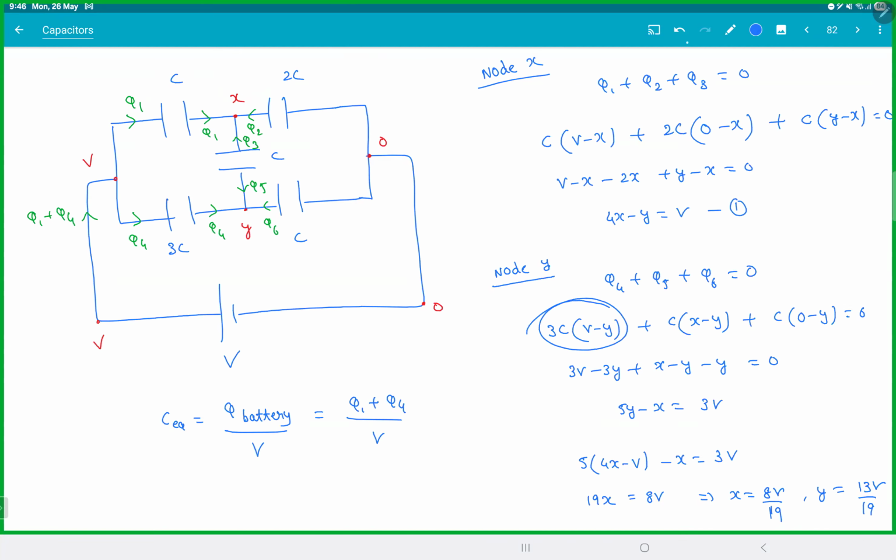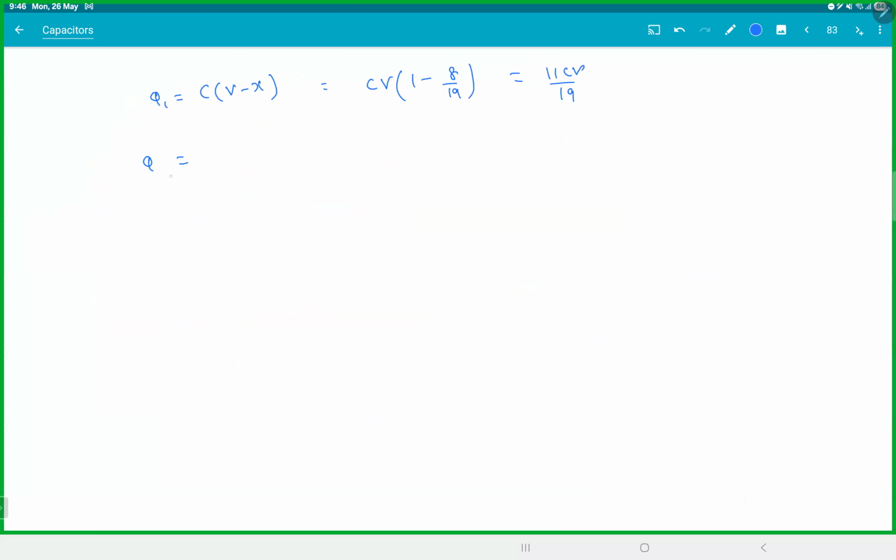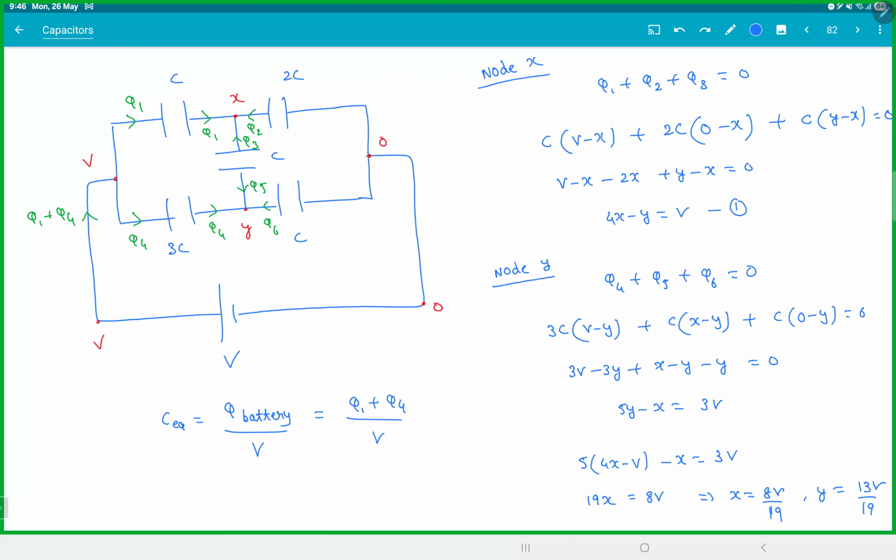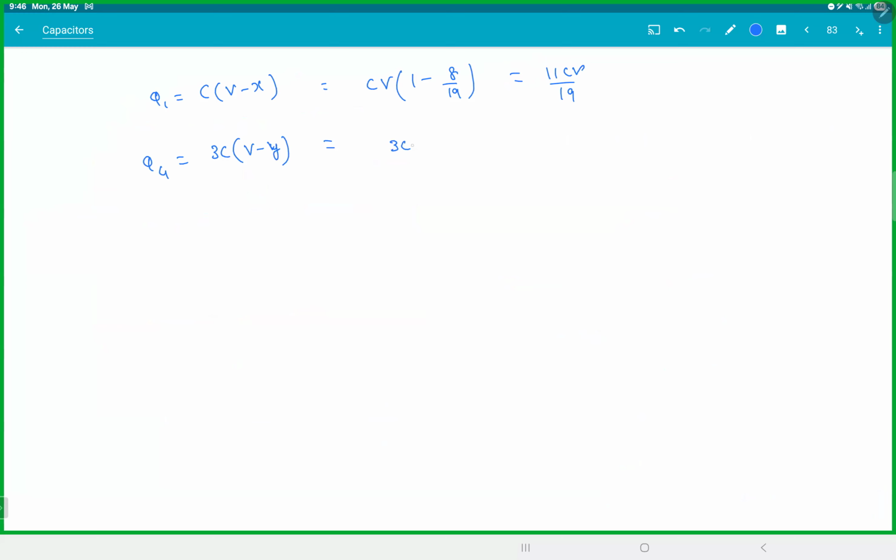Q4 I need this guy. 3C into V minus Y. Y is how much? 13V by 19. 18CV by 19. Wow. Then Q1 plus Q4 by V, C equivalent gets cancelled. 29C by 19. That's your answer.